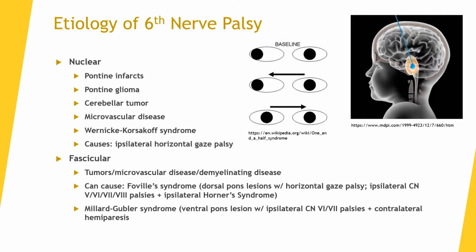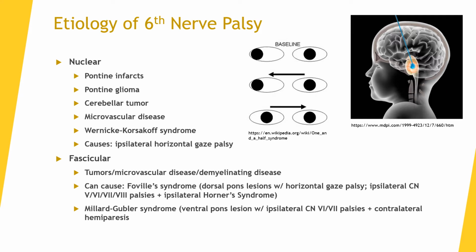So little weakness with sensation on the face, movement of the face, as well as hearing and balance, and the abduction, of course, of the eye. And lastly, the ipsilateral Horner syndrome, which is a triad of miosis, ptosis, and anhidrosis on the unilateral affected side.